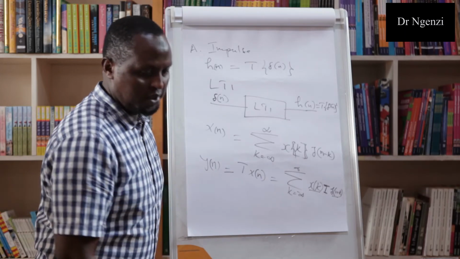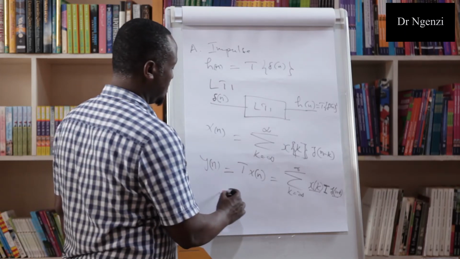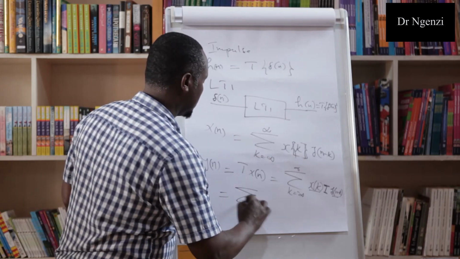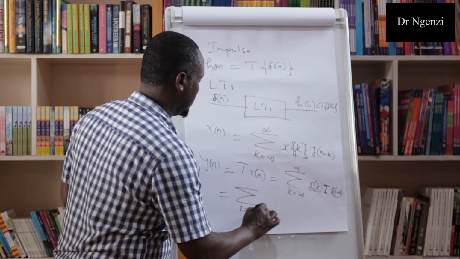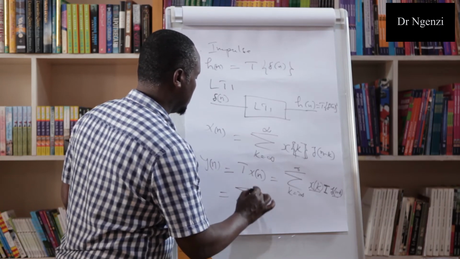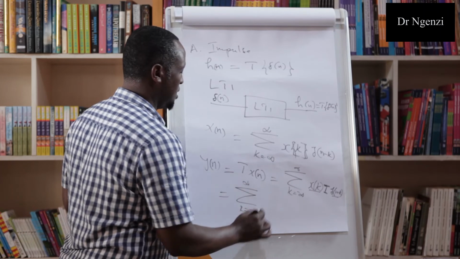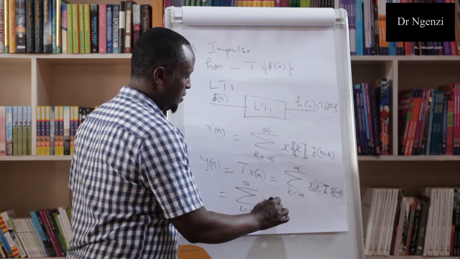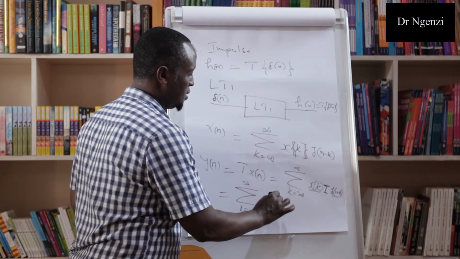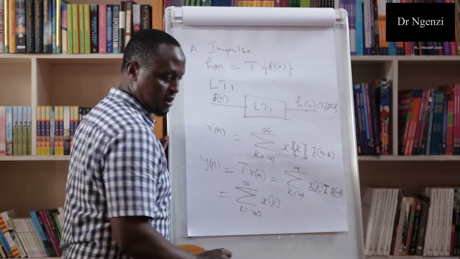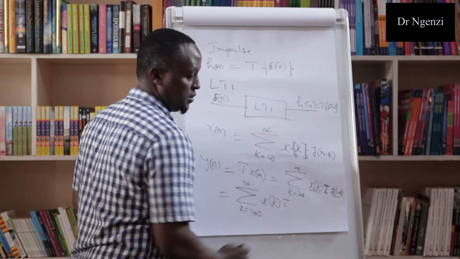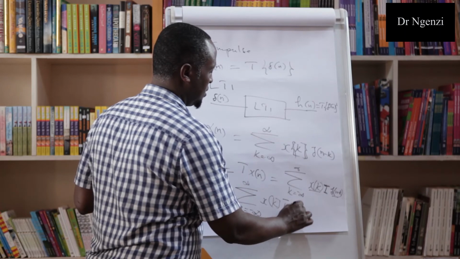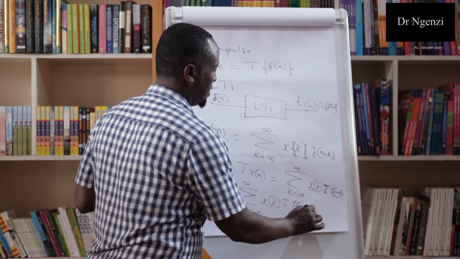So it can be written properly. For example, we say it's going to be the summation from k ranging from negative infinity to infinity of x of k, and this is the shift theorem, which is going to be of n minus k on this side.